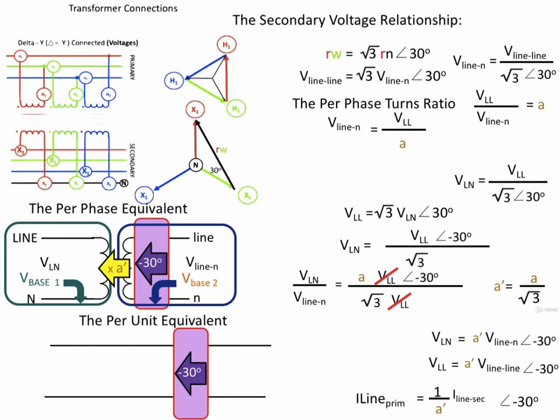So it's a little bit easier. However, if you consider the fact that we have two operators, one is the turns ratio and the other is the phase shift, then you just have to keep track of the phase shift when going from one zone to the other using your per unit equivalent circuit.